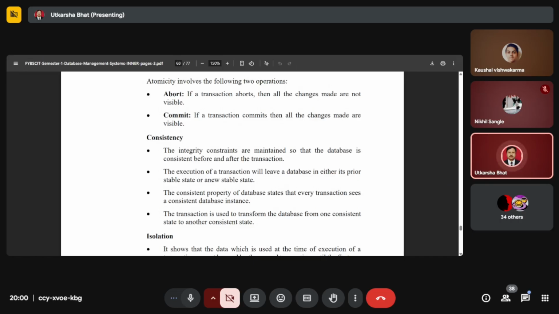The execution of transaction will leave a database in either its prior stable state or a new stable state. The consistent property of database states that every transaction sees a consistent database instance.